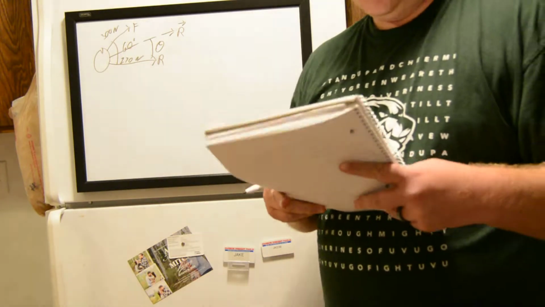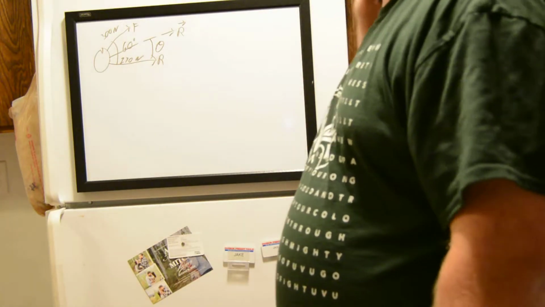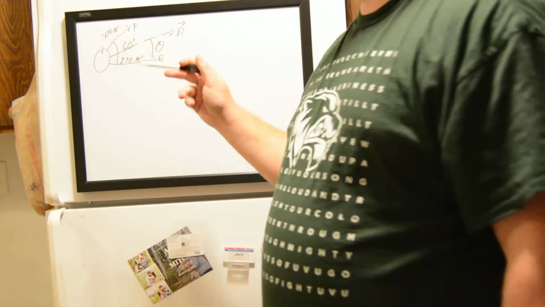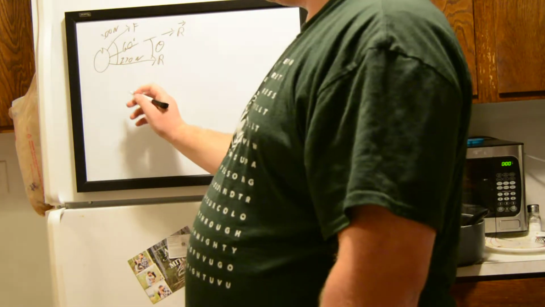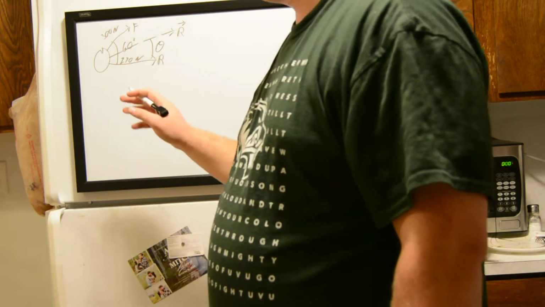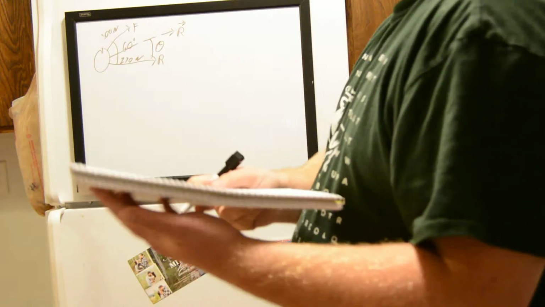To find this, we just treat this like we would from Chapter 2, dealing with vectors. To do that, we need to find the x and y components of each vector and add those together. So that's what we're going to do right now.